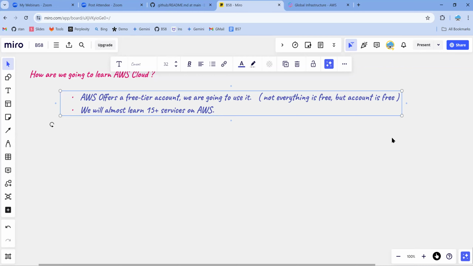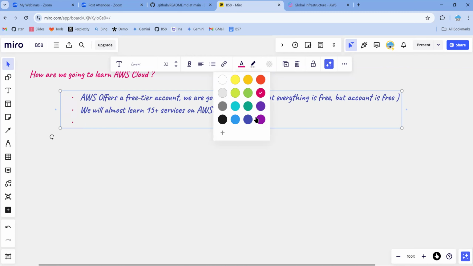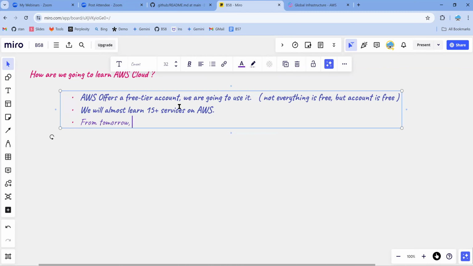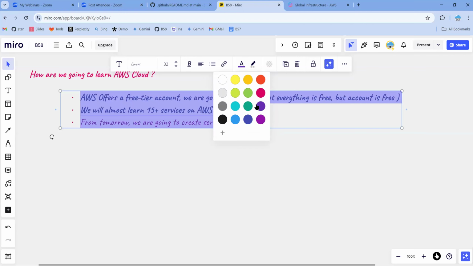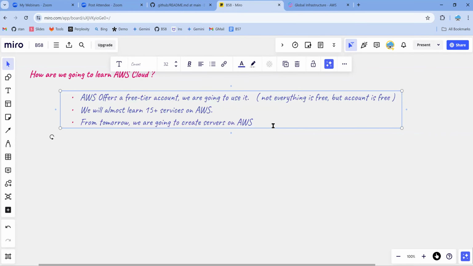From tomorrow, we'll create servers and learn everything on top of it. We are going to create servers on AWS and use them there. All right, that's the plan.